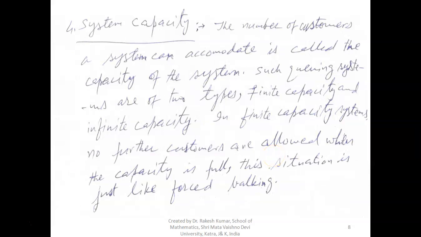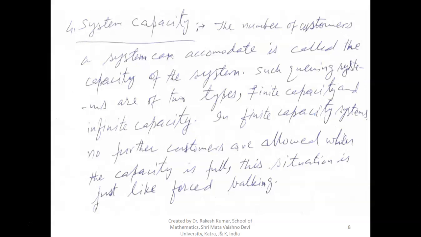Now coming to system capacity. The number of customers a system can accommodate is called the capacity of the system. That is the size of the waiting room, how many customers it can accommodate. Such queuing systems are of two types: finite capacity and infinite capacity.